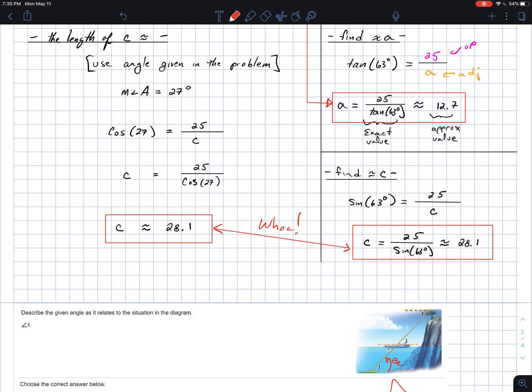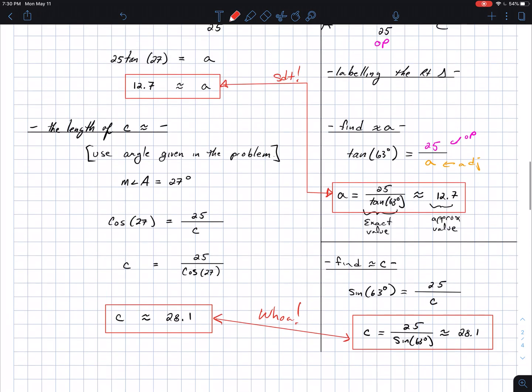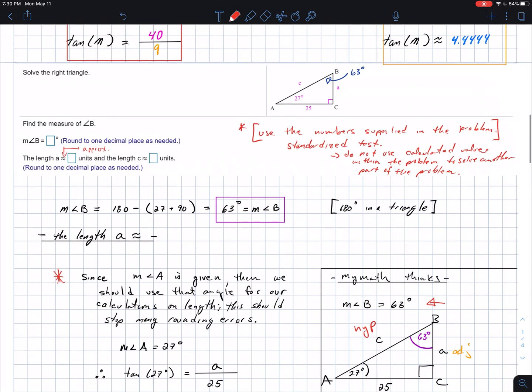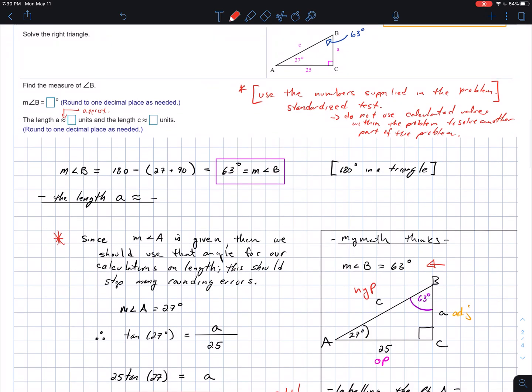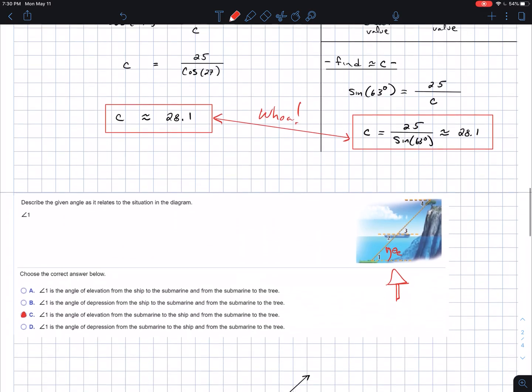It's not out to a whole bunch of decimal places. So hopefully that alleviates some problems with labeling and finding specific side distances to the legs or hypotenuse of a triangle.